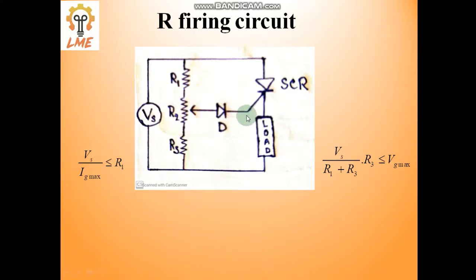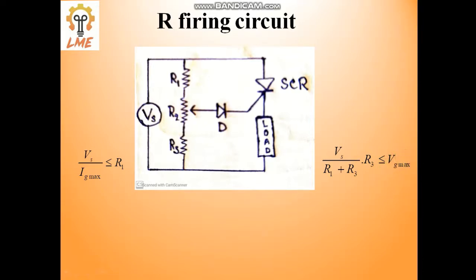The voltage drop across this R3 should not exceed the gate maximum tolerable voltage. That is why we have to consider this case. In this case, Vs, the supply voltage, divided by R1 plus R3, into R3, is the voltage applied across R3. That should always be less than the gate maximum voltage. Okay, we have to understand this.